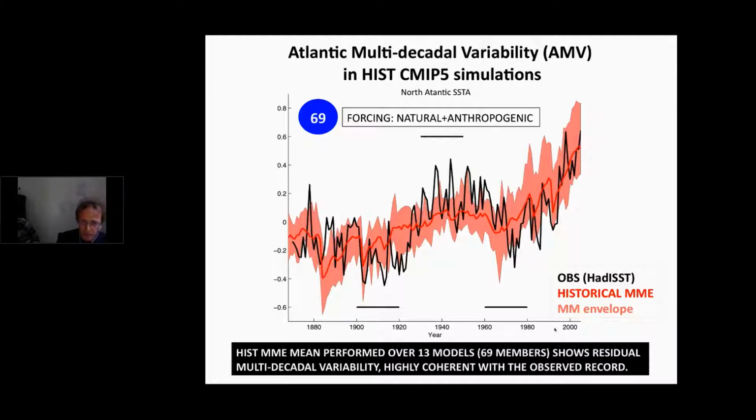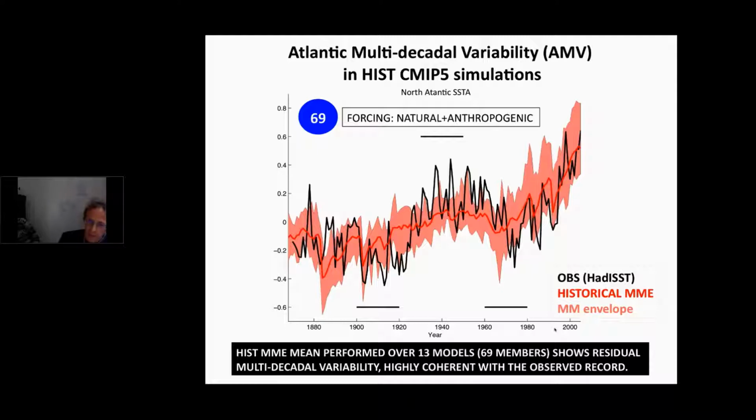And this was kind of surprising, because we were not expecting to see that the CMCC models, once we have removed, as I said before, the internal variability, were still able to reproduce this feature of the climate variability of the Atlantic Ocean.